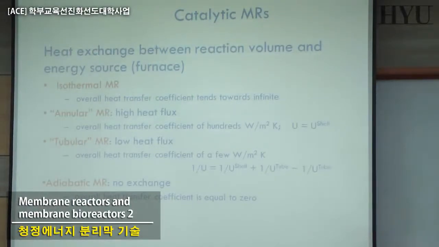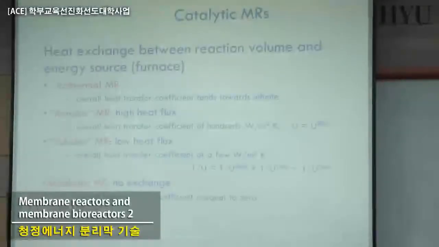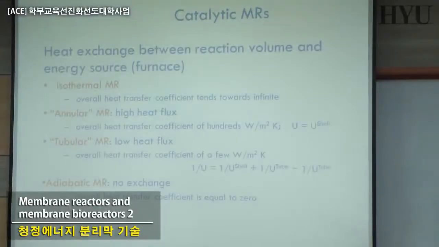Basically, you can have a system in which you have heat exchange between the reaction volume and the system supplying the energy at temperature, that means a furnace. Normally your reactor will be in a heating system, and you can have isothermal membrane reactors, annular membrane reactors with high heat flux, tubular membrane reactors with relatively low heat flux, and adiabatic membrane reactors with no exchange of temperature with the surroundings. Each of these is characterized by the heat transfer across the membranes.